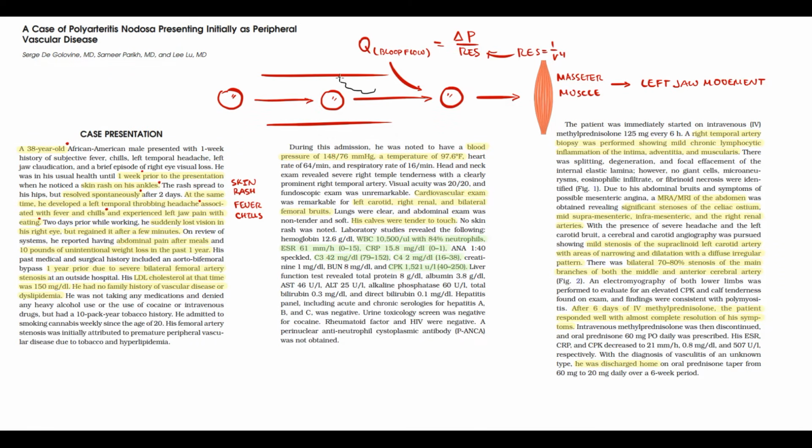In polyarteritis nodosa, vessel wall injury causes massive scarring, and scar tissue significantly narrows the arterial lumen. So deposition of fibrous tissue causes a decrease in the radius of the vessel. With a decrease in radius, resistance increases. With an increase in resistance, blood flow decreases. And a decrease in blood supply to the masseter muscle causes muscle tissue ischemia, which manifests as pain in the left jaw.